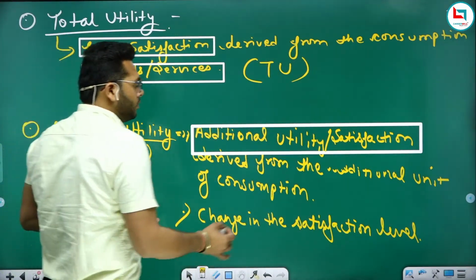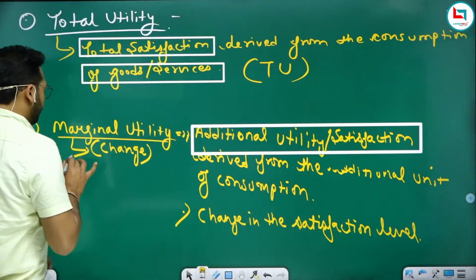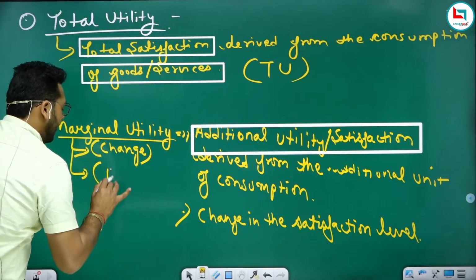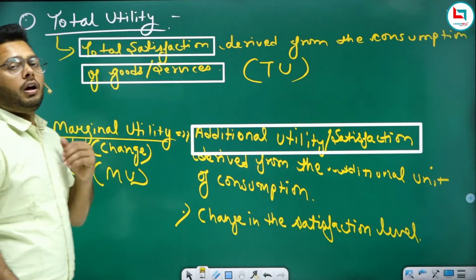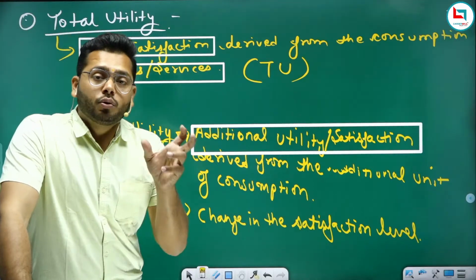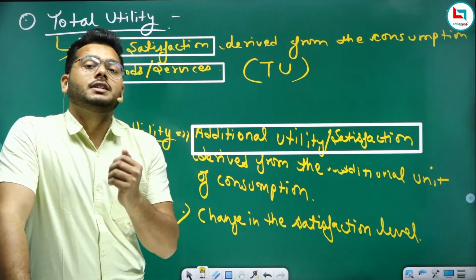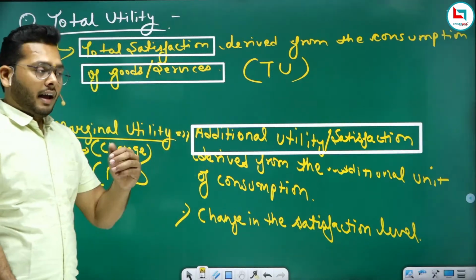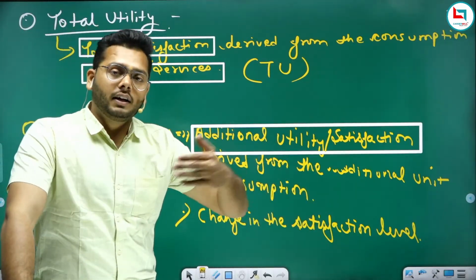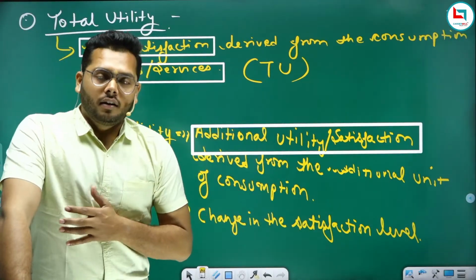In short form, you will write marginal utility as MU. So we can write the formula of TU as the totality of MU, or the summation of MU becomes the TU, because with every additional unit you are getting total satisfaction.